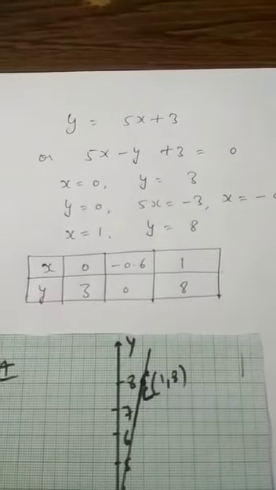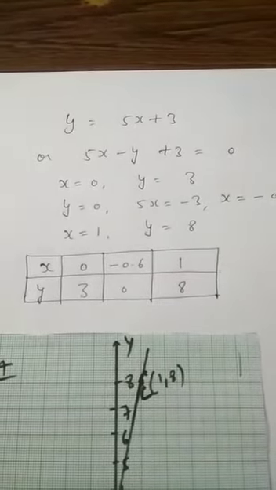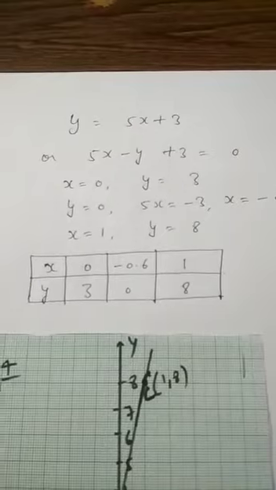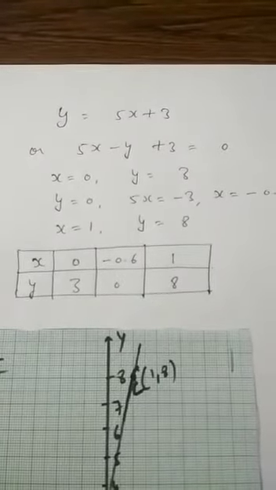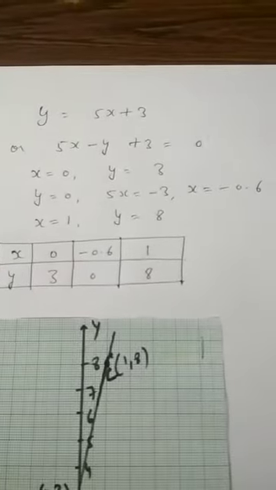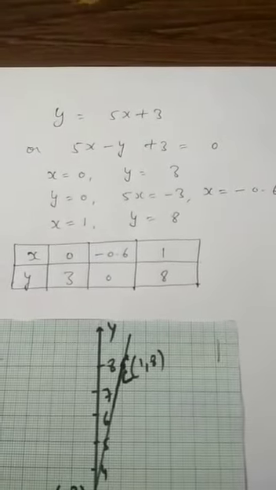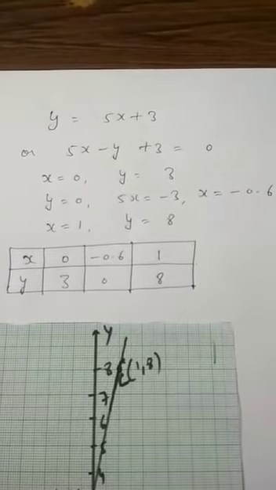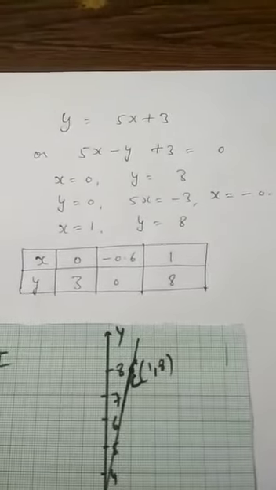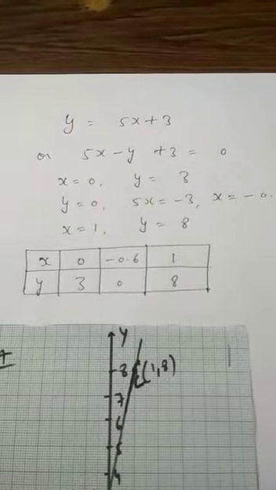When x is 0, y is equal to 3. Put x equal to 0 in the given equation, y will be 3. When y is 0, 5x is equal to minus 3 and x is minus 3 by 5, that is minus 0.6. When x is 1, y is 8.